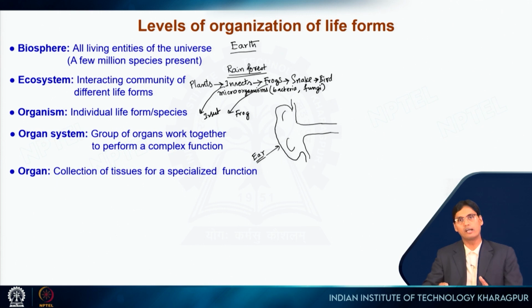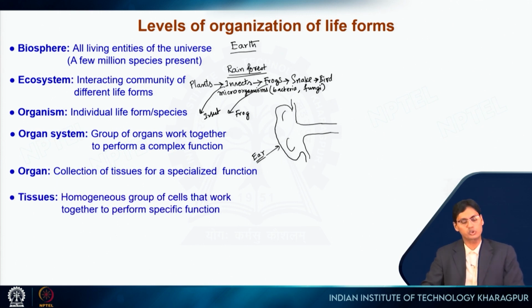I will explain whenever time comes. Now tissues, these are homogeneous groups of cells that work together to perform a specific function. So I will explain organ and tissues together in context to our ear.